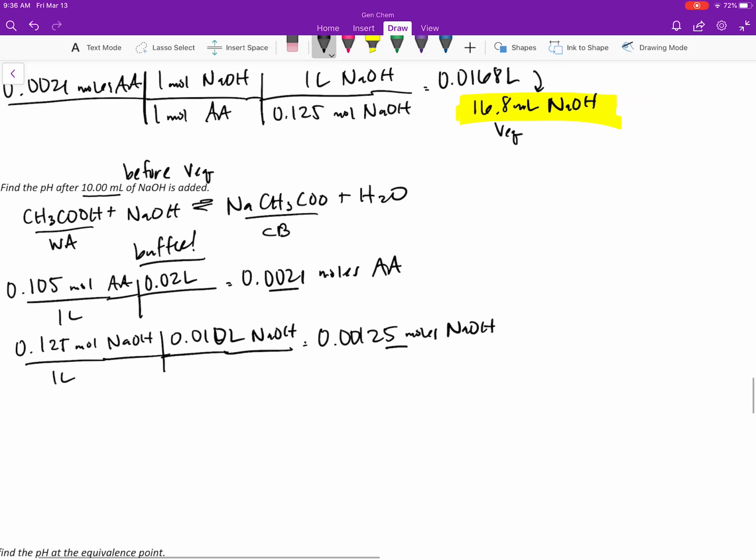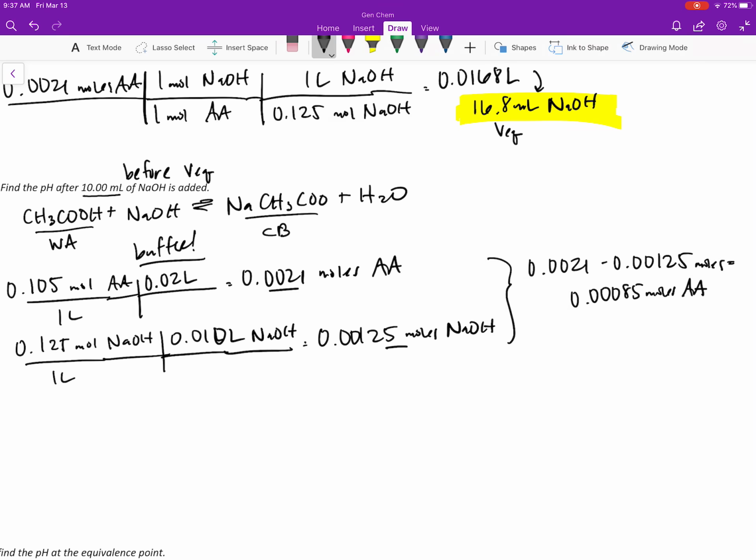But what I do know is that some of the NaOH has consumed some of the acetic acid. So to determine how much is being consumed, I'm going to take the difference between the two, which tells me at this point I only have 0.00085 moles of acetic acid left.